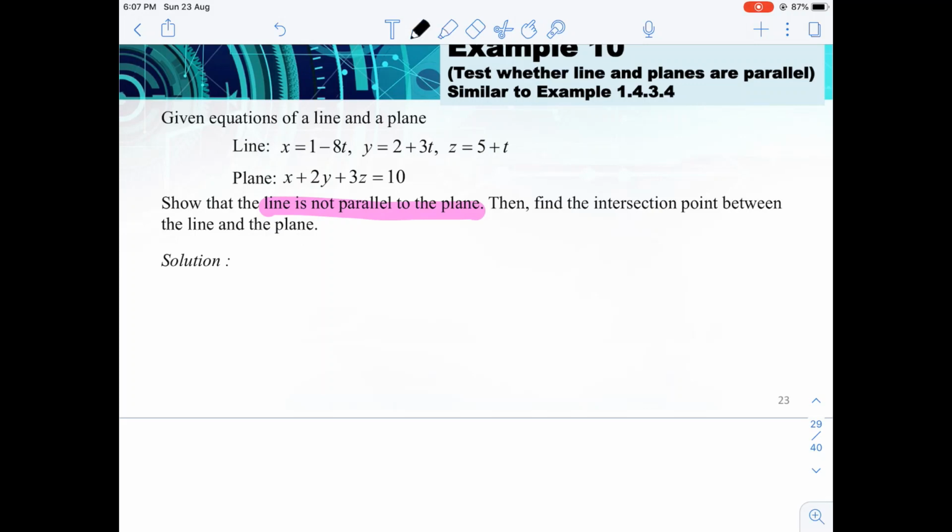So we need to find first what n is. Let us find v first. V is negative 8, 3, 1. V is taken from the line. Remember, the parallel vector must be related to the line. And n is taken from the equation of the plane, so we have n equals 1, 2, and 3.